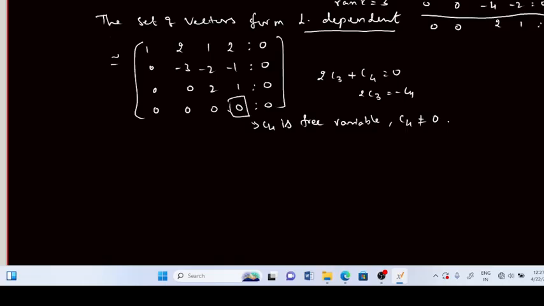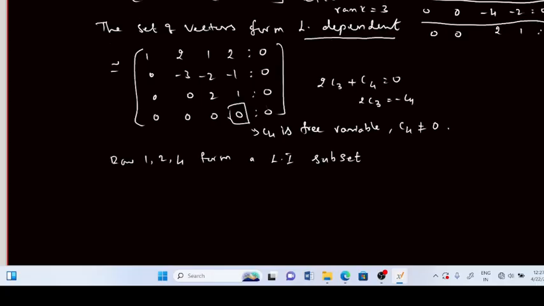We have interchanged the rows, the last row. So rows 1, 2, 4 form a linearly independent subset.